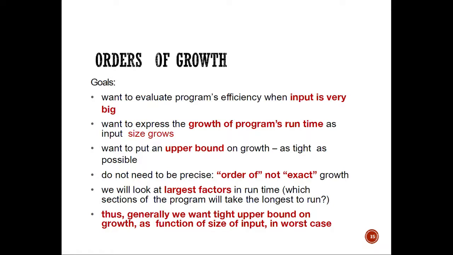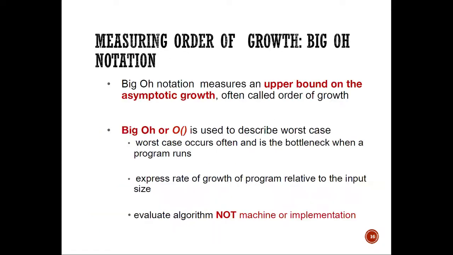Therefore, generally, we want a tight upper bound on growth as a function of size of input in the worst case scenario. To do that, we use what we call the big O notation. The big O notation measures an upper bound on the asymptotic growth, and this is often called order of growth.